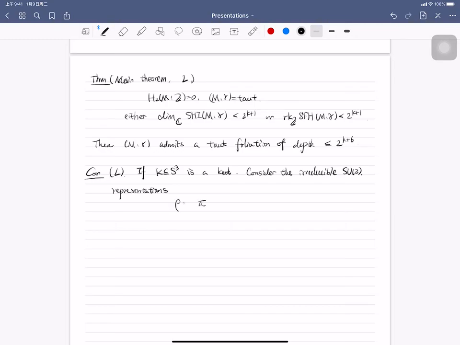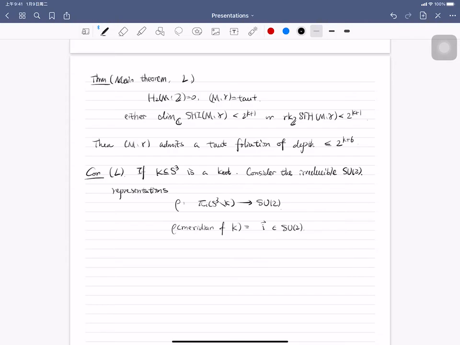Rho from the knot complement to SU2, so that rho maps the meridians of K to this element. This is a rank 4 element inside SU2.